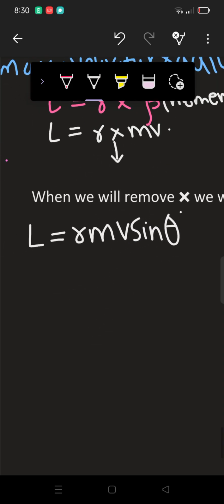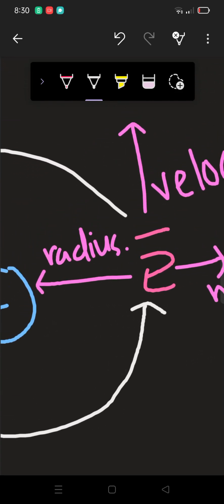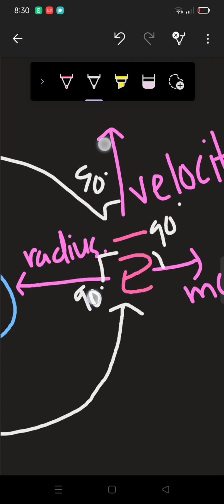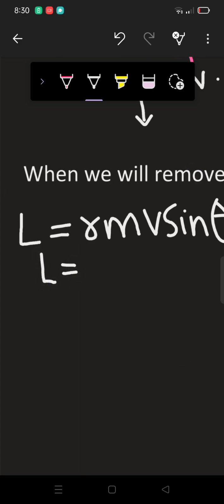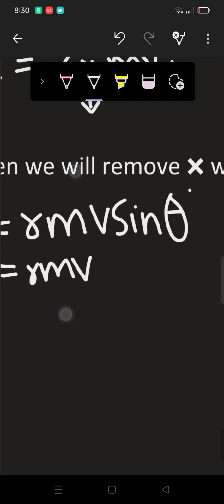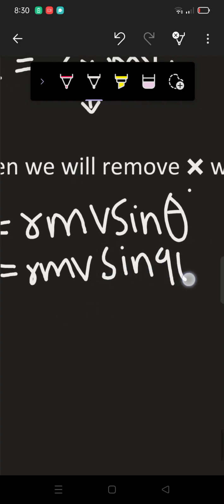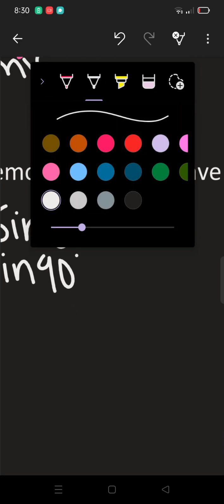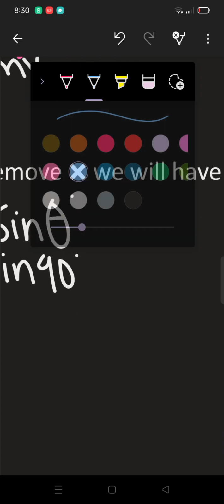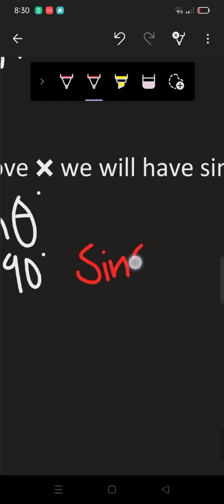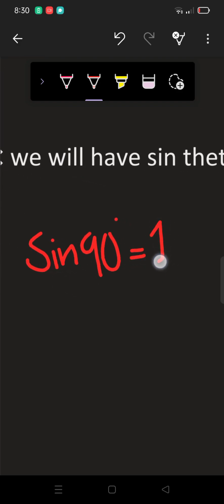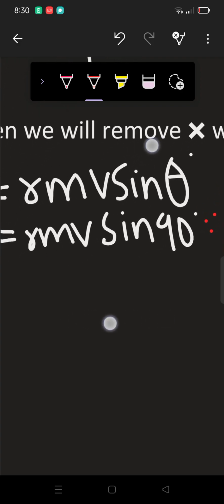Now instead of theta, we need to put the angle. Now see here, what's the angle? Here we have 90 degrees, here we have 90 degrees, and here we will have 90 degrees as well. So instead of theta, I can easily write 90 degrees. So angular momentum is equal to radius, mass into velocity, sine 90. And we know that sine 90 is equal to 1.